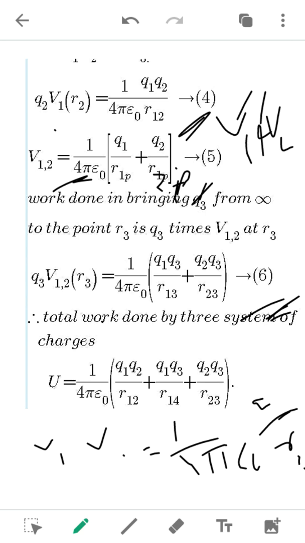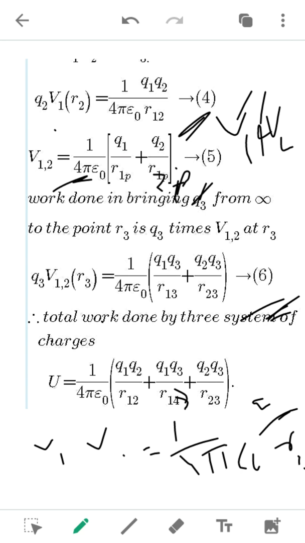U equal to, so in all the two equations, what is common here? 1 by 4 pi epsilon naught is common. Therefore, into bracket, Q1 Q2 by R12 plus Q1 Q3 by R13, make a correction here also, it is R13, plus Q2 Q3 by R23.